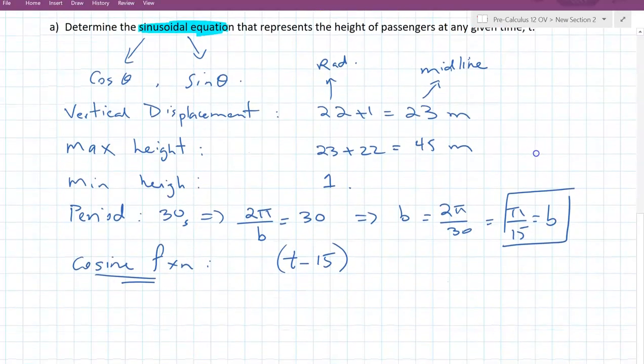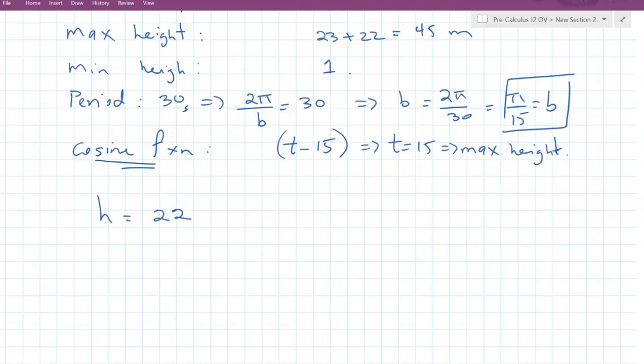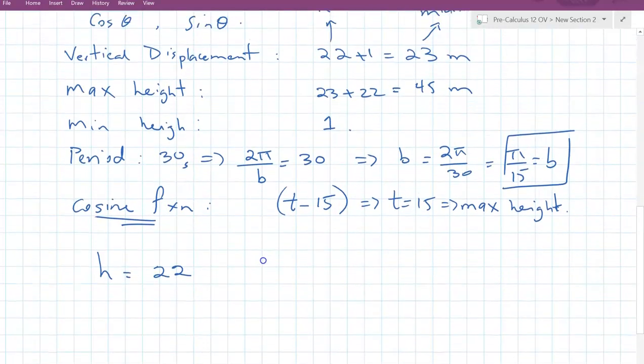Excellent. Now let's go ahead and do the equation. Based on the vertical displacement and maximum height, we know that the amplitude is 22. So here's your amplitude right there. Then we have the cosine. Then we have the b value, which is pi over 15, which we got there.